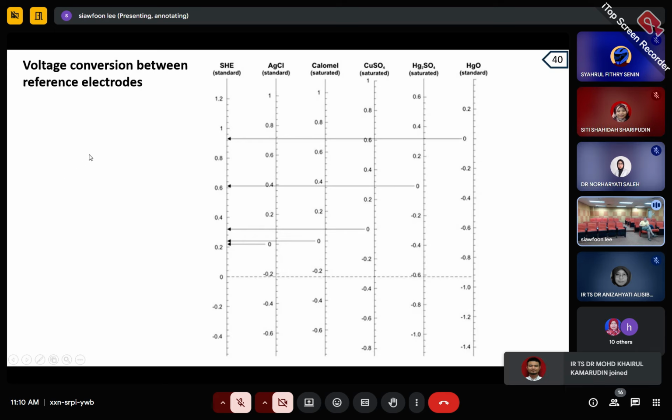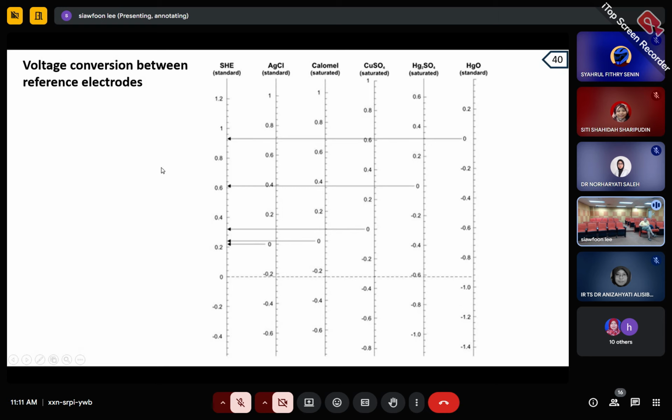So when you read an article, you need to know which reference electrode they used. If they used one and in your lab you are using another, then you need to convert the value from one to the other. And there is a table to convert it.